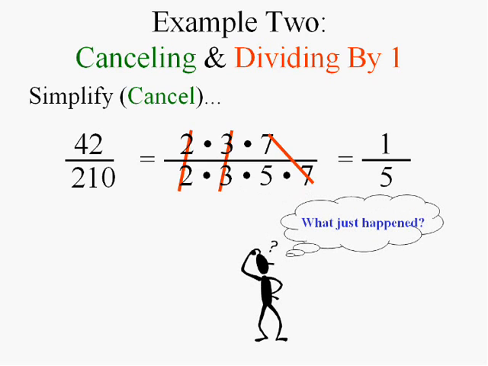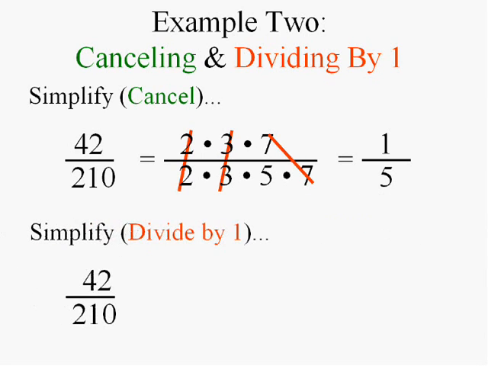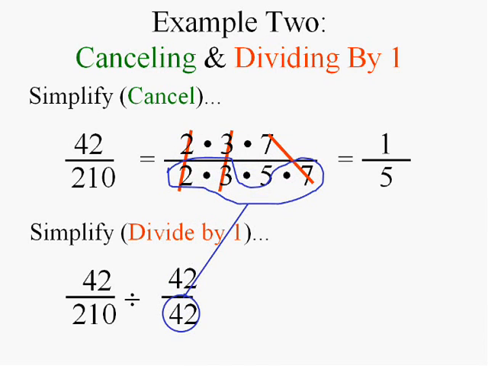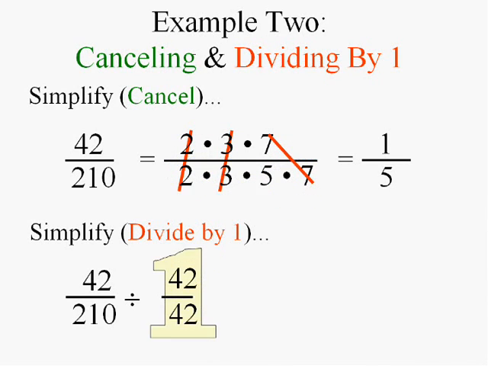Now, what actually happened to 42 over 210? We divided by 1 in the form, believe it or not, 42 over 42. 2 times 3 times 7, it's much easier to deal with in that form, is 42. And 2 times 3 times 7 is also 42.